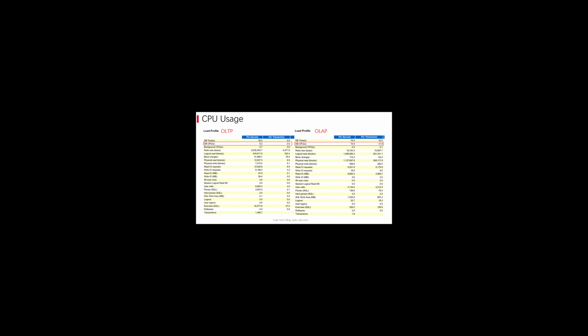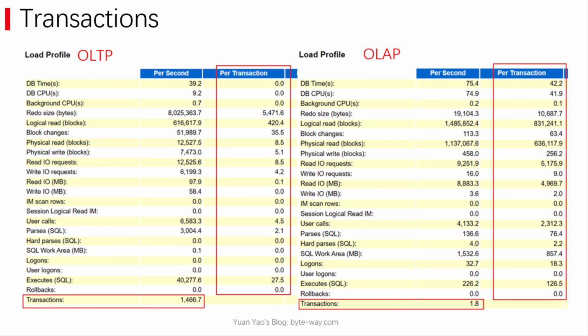Another difference is that OLAP applications usually use more CPU than OLTP, because they are running heavy operations like sorting, joins, and aggregations. Transactions are also quite different between the two.